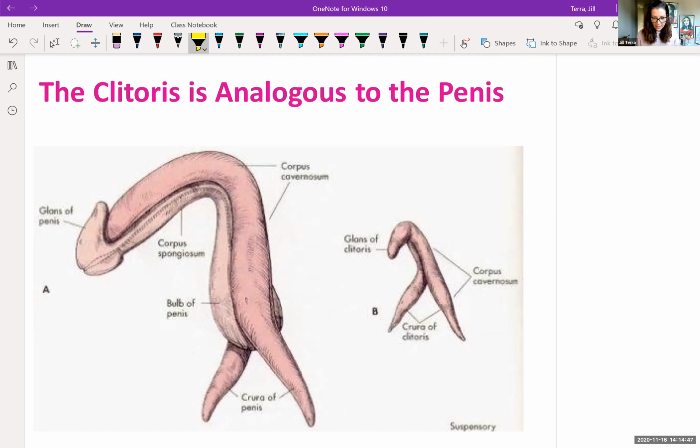Guess what, ladies, you have corpus cavernosa of your clitoris. Then there are legs, the crura of the penis. Yep, same thing, crura of the clitoris. And the guys have the bulb of the penis, and we have those vestibular bulbs sitting in between here. So the design is strikingly analogous, right?